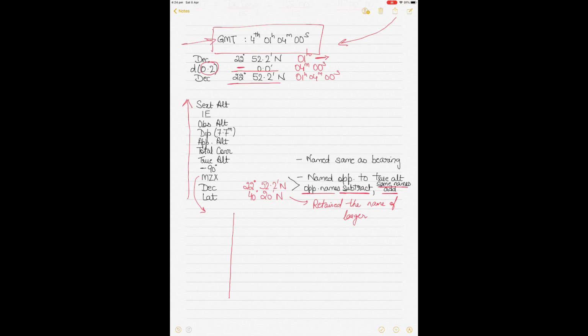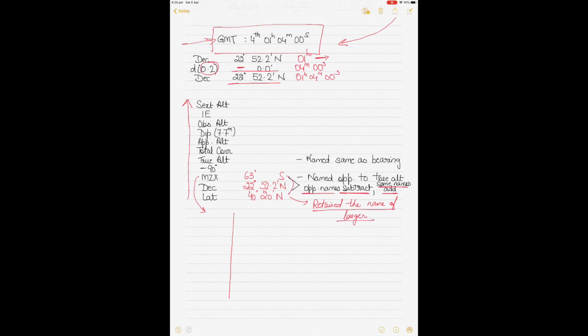Now let's assume it was south, then the MZD and declination would become opposite names. That means you would have to subtract, right? So the MZD value would be somewhere close to, let's say, 62 or 63 degrees, because subtracting 22 from it would give you about 40 degrees. But then MZD would be south, and the latitude should retain the name of the larger.